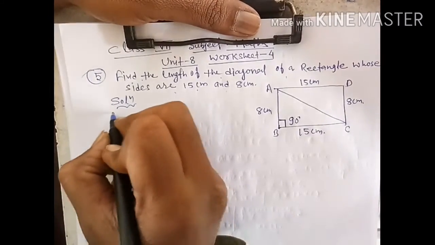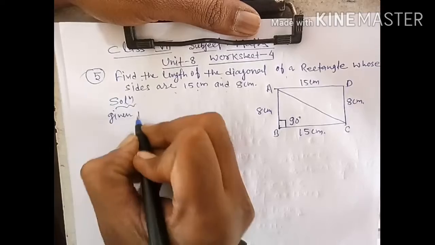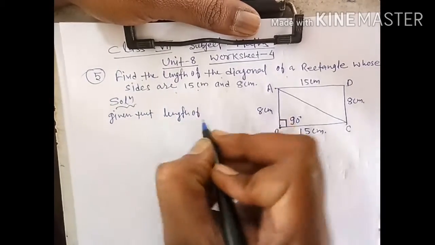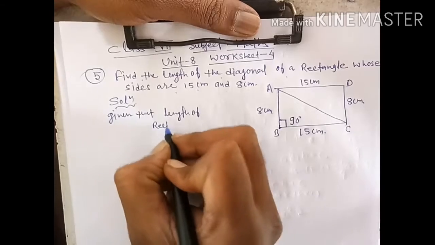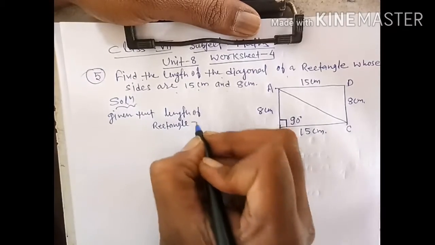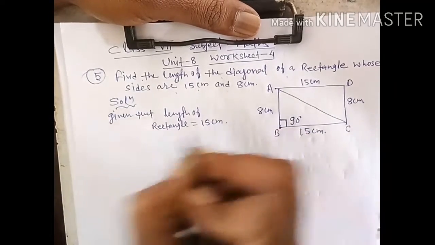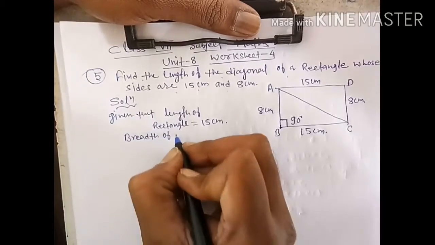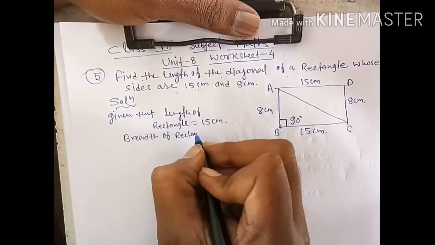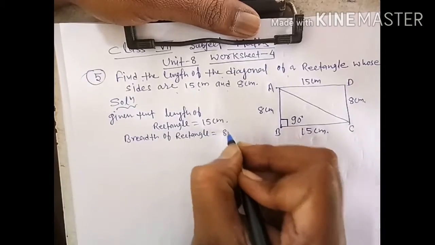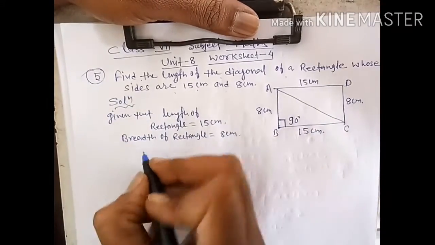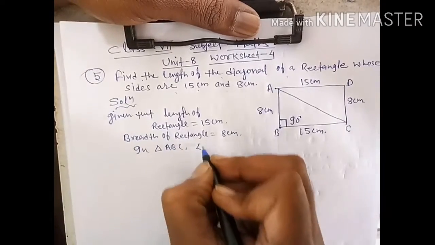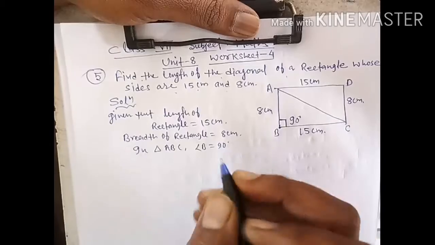Here it is given that the length of the rectangle is equal to 15 cm, and the breadth of the rectangle is equal to 8 cm. In triangle ABC, angle B is equal to 90 degrees.